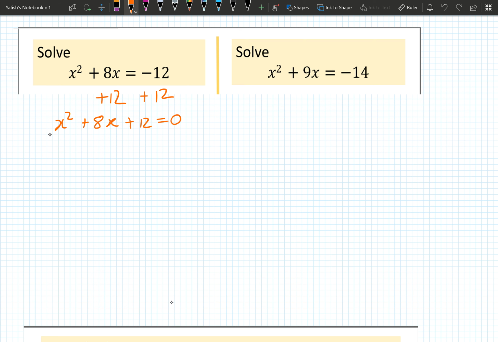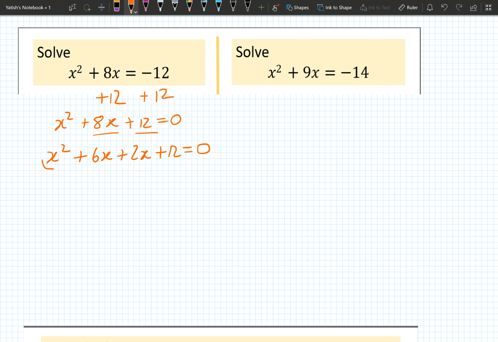I can then factorize this whole equation by splitting the middle term into numbers that multiply to 12 and add to 8. So it's going to be x squared plus 6x plus 2x plus 12 equals 0.